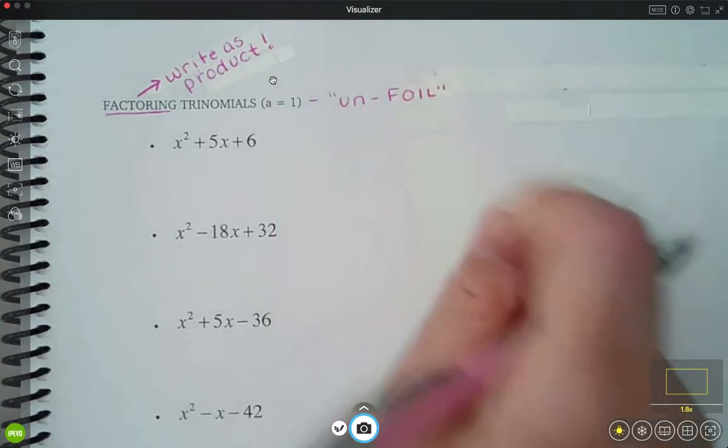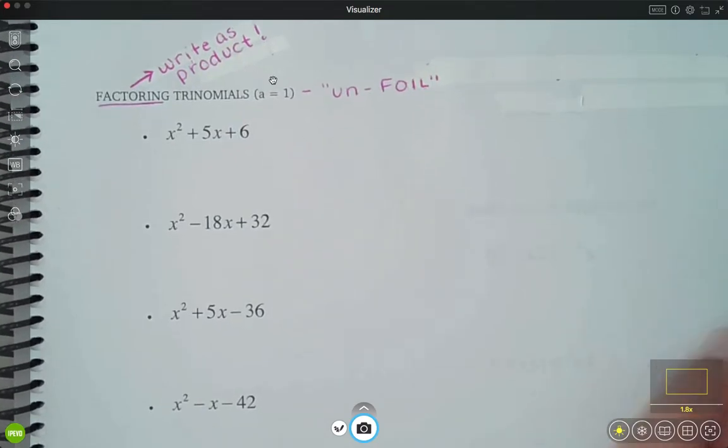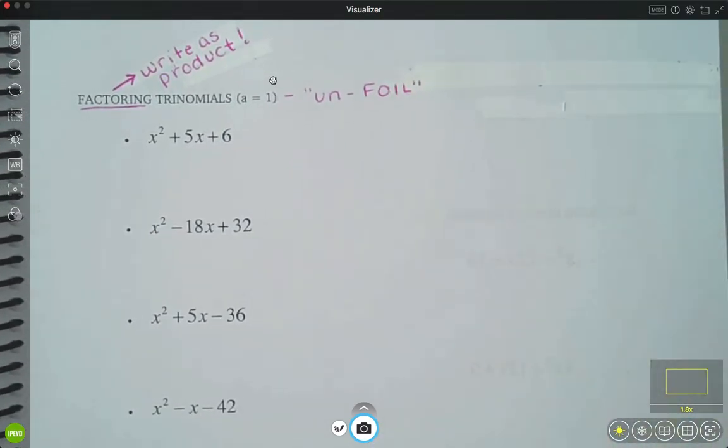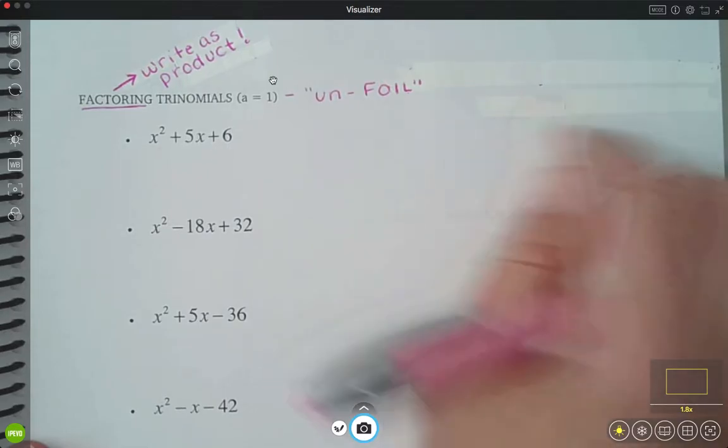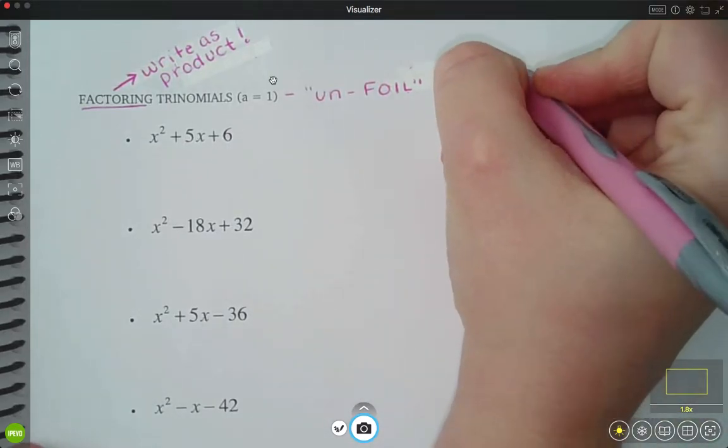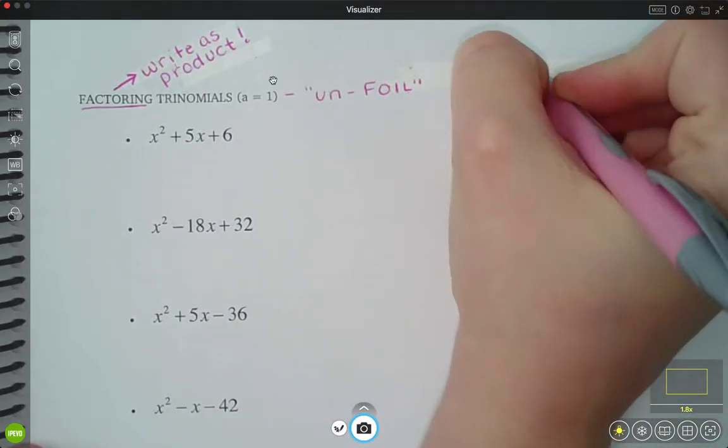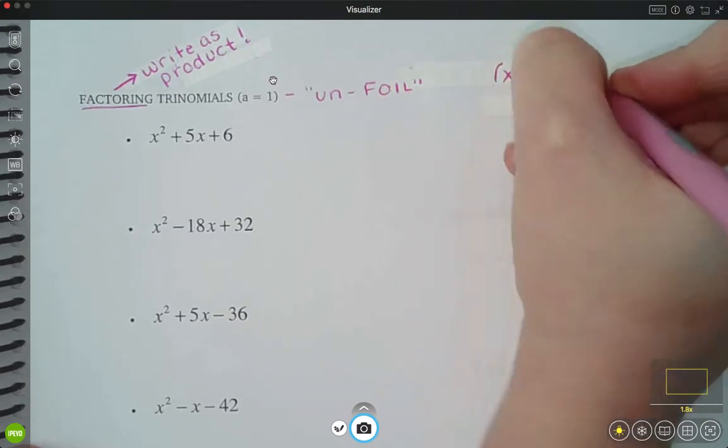So before we get started, let's just remember what it means to multiply using FOIL. The type of problem I'm talking about is one that maybe looks like this: x plus 4 and x plus 3, we'll say.